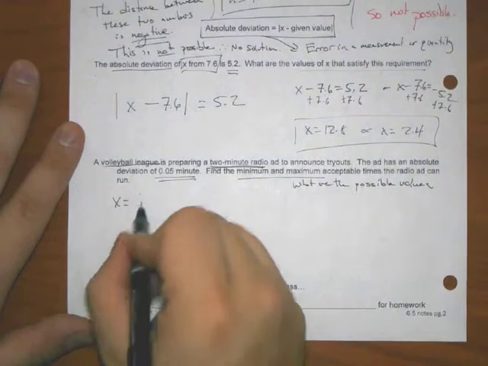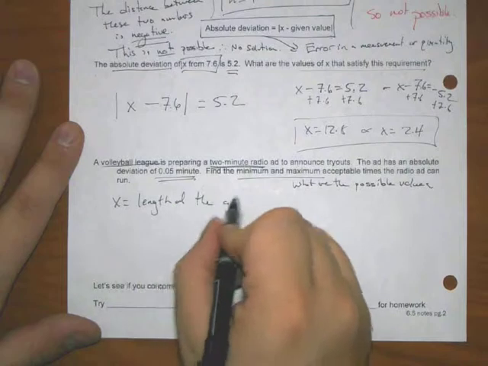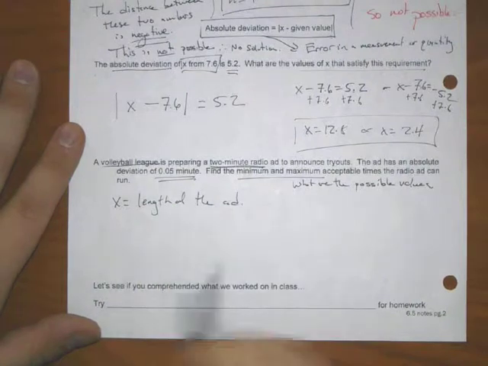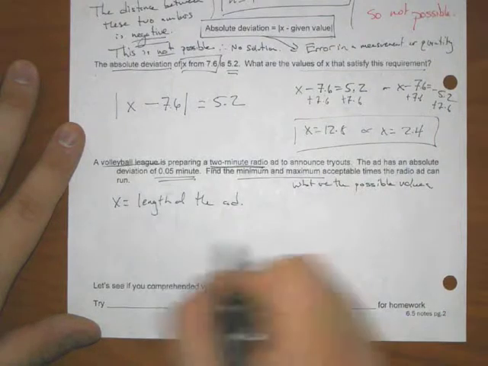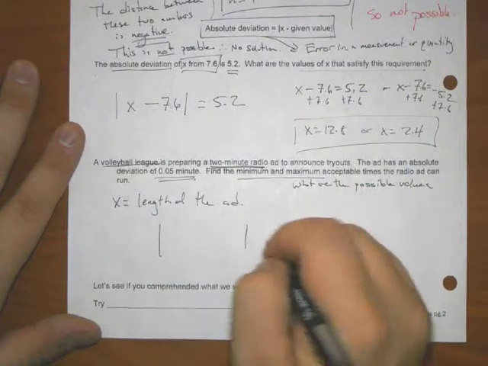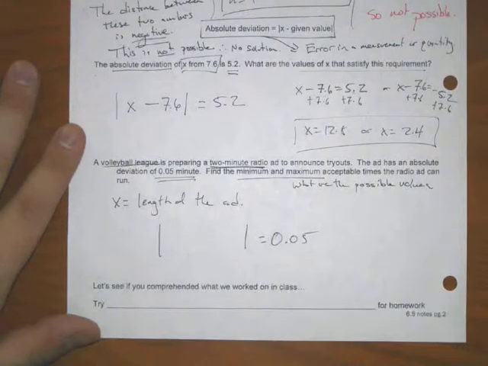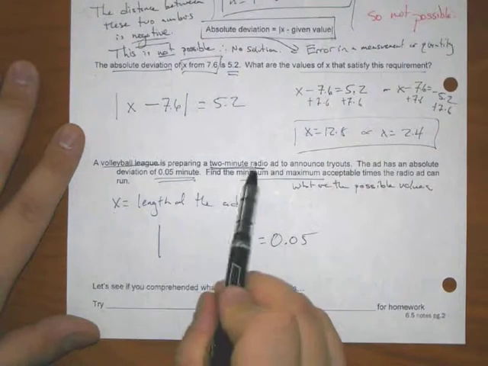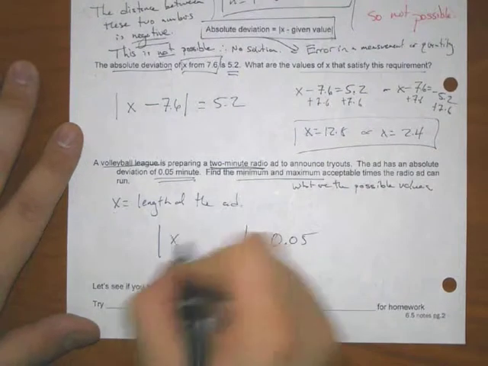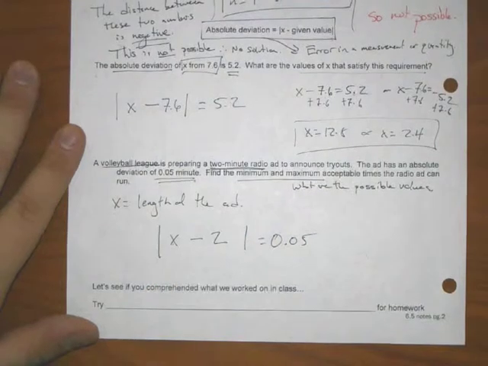So if I let x be the length of the ad, then I know that the ad has an absolute deviation of 0.05 minutes. So I know I have something that's going to be subtracted, and its absolute deviation is 0.05. In between what? The length of the ad and the 2 minutes that it's allowed. So the absolute deviation between the length of the ad and the 2 minutes allowed could be written like this.